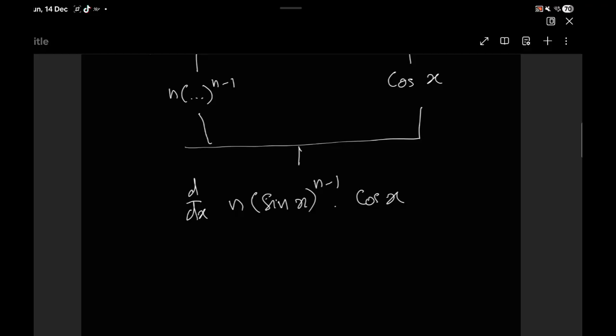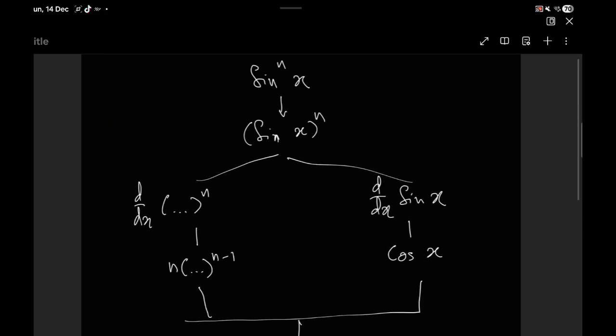So this can be your final answer, or if you want to be a bit more proper, we can rewrite it back in the way that it was shown first. So basically we write n times sine^(n-1) x times cos x. So this is the derivative of sine to the power of n x.